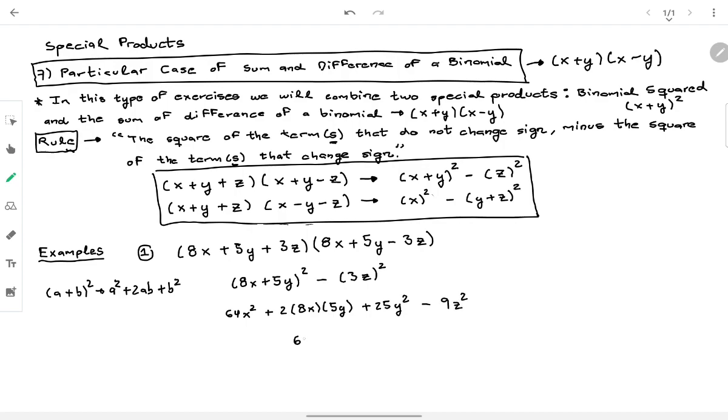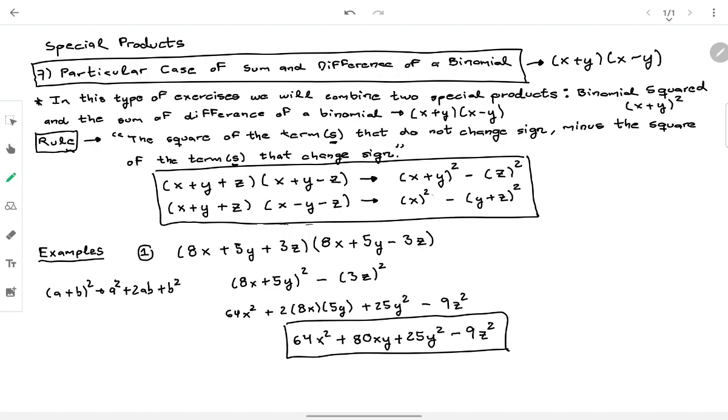So it will be 64x squared plus 80xy plus 25y squared minus 9c squared. In this case, it's correctly ordered, so this is going to be our final and correct answer. So it's not complicated. We not only need to follow the rule for the sum and difference of a binomial, but also apply another special product that we know, called binomial squared.